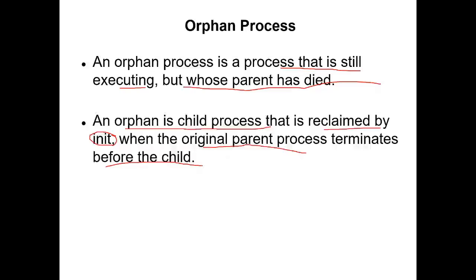Whenever the parent process terminates, even all children and grandchildren will be terminated. But if the parent dies before the child processes are terminated, then the processes that don't have a parent but still remain in the system are called orphan processes.